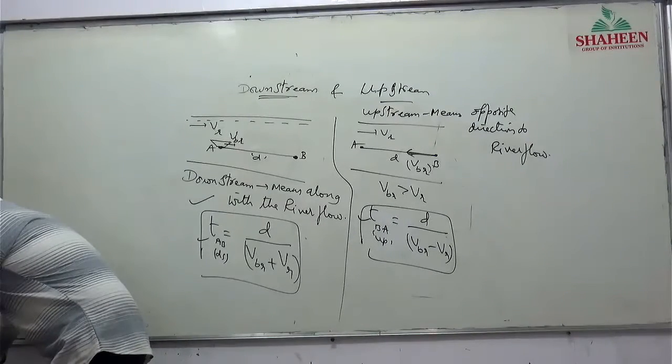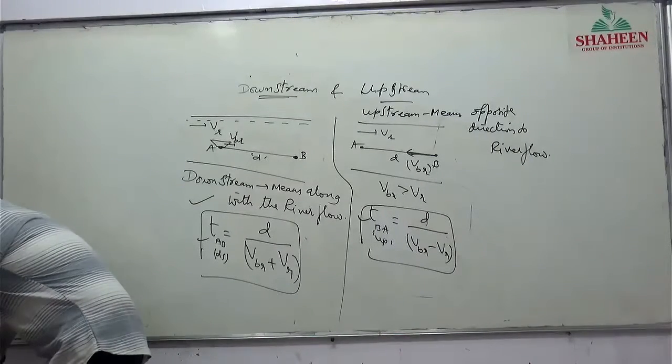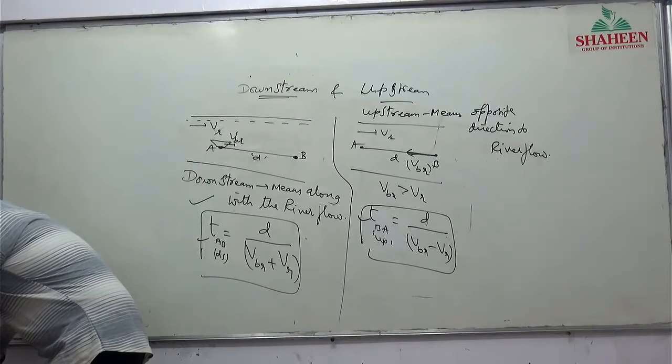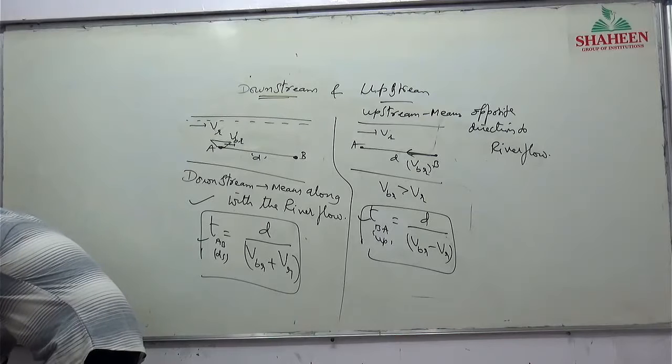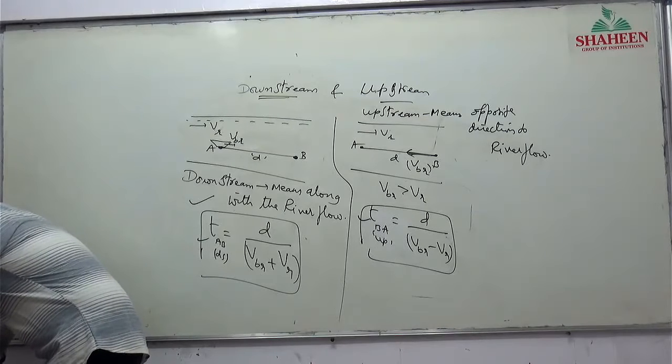Downstream means along the direction of river flow. Is it clear? Very good. Please copy it. If it is not clear, I will explain again. This is the formula actually. You have not understood, I will explain once again. Just copy it now first.